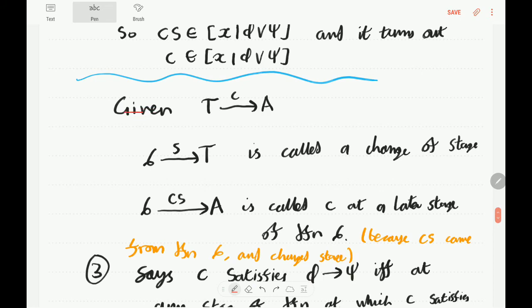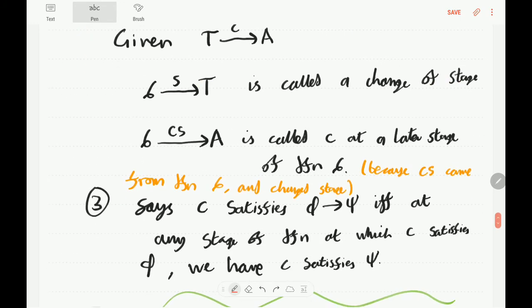Okay, a bit of notation then. Given this arrow C from T to A, we call this arrow S from Z to T a change of stage. So C S is called C at a later stage of definition zeta.